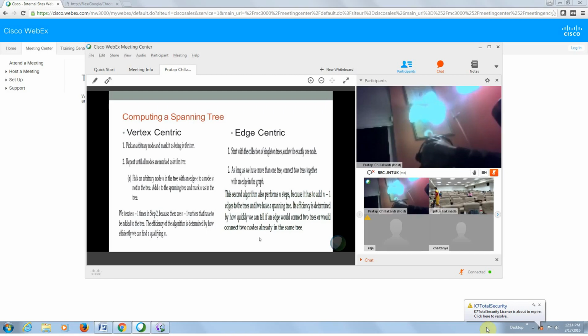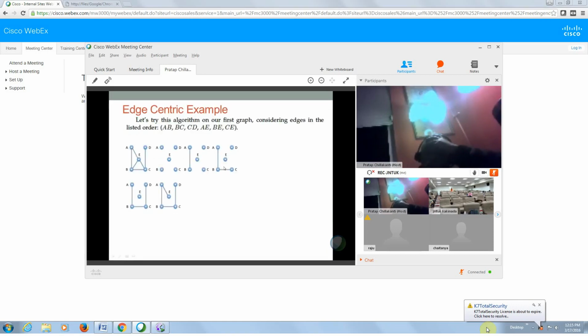Okay? Now, efficiency, of course, is dictated by how quickly we can tell if the edge would connect 2 trees or would connect 2 nodes already in the same tree. Okay? So that is like doing the spanning tree. Okay?